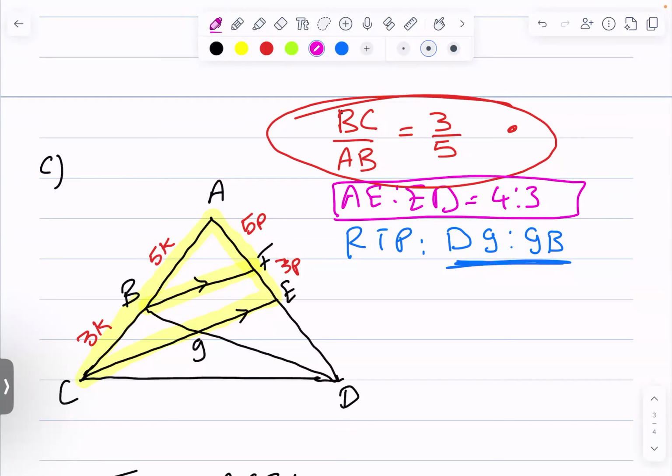Now let us exhaust this one here. This one is tricky. It says AE, and then it says also ED. From what they gave us, that's why we are saying that this is 4S, and this is 3S.